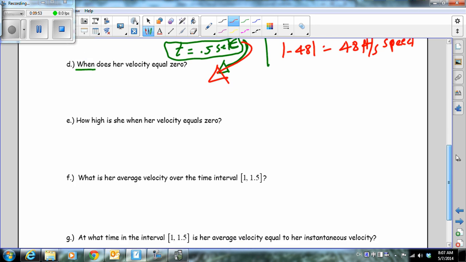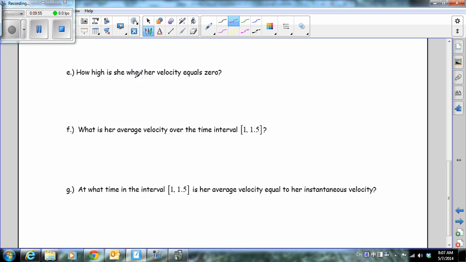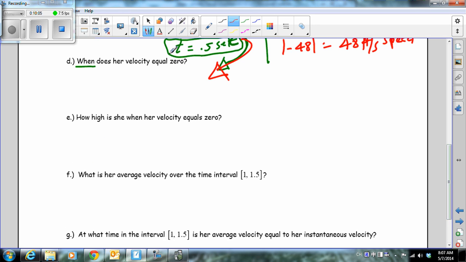So last question is, or last few questions. How high is she when her velocity equals 0? So we want, when the velocity is equal to 0, based on what we found out earlier, it is 0 at 0.5 seconds. How high is she?